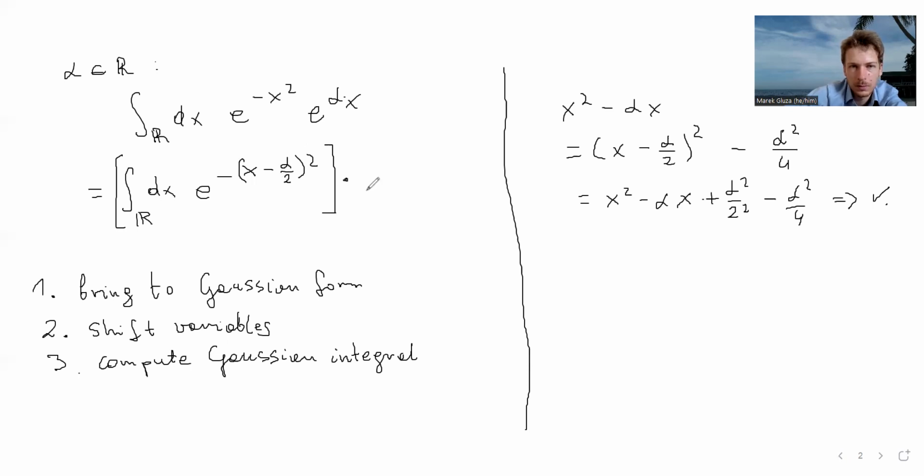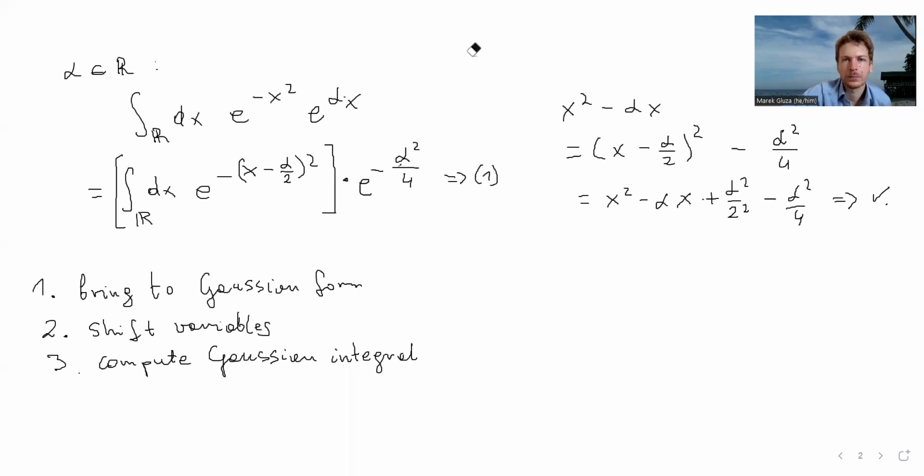A multiplicative constant means that I can factor out something that doesn't depend on the integration variable. Which means that I have a Gaussian integral times a Gaussian function. So this is what we call form number 1. The next thing is to shift variables. So let me shift the variables.